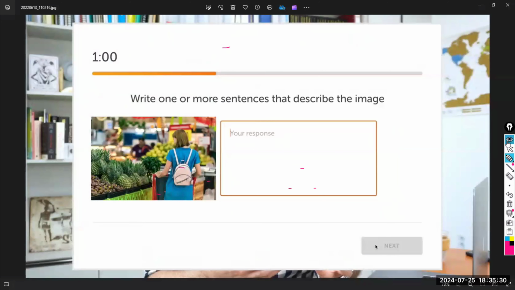So this is the image that is going to be shown on your screen, and I have to write one or more sentences that describe the image, and I have to write my sentence or sentences here in the blank, and when I finish, I have to press next, and don't forget that you have only 1 minute to describe the image.